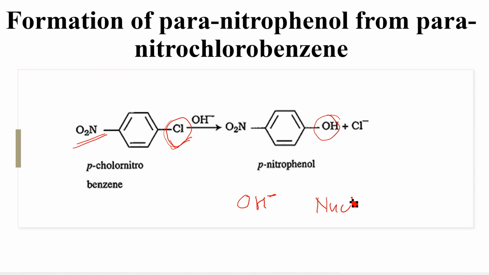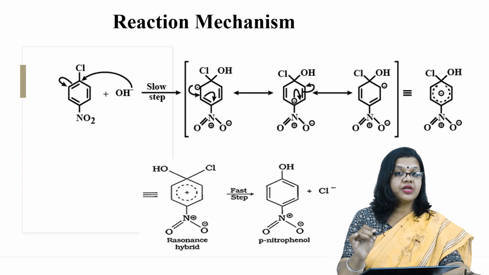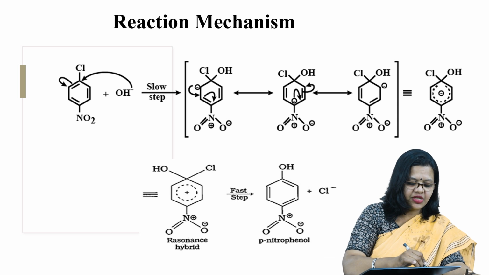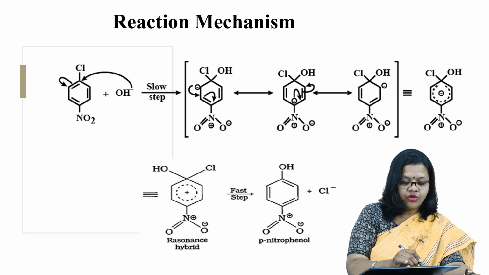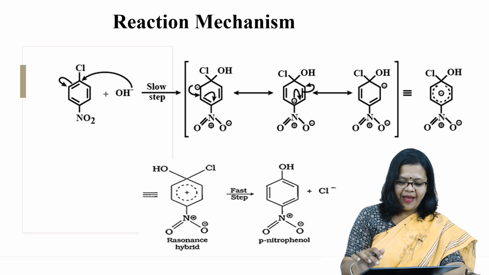Because of this group only, OH minus, which is a strong nucleophile, will go and substitute the other strong nucleophile, which is the chloride ion. So, OH being stronger than chloride, it substitutes, but this substitution is only facilitated because of the presence of the nitro group, and that too, as we have discussed, at the ortho and the para position.